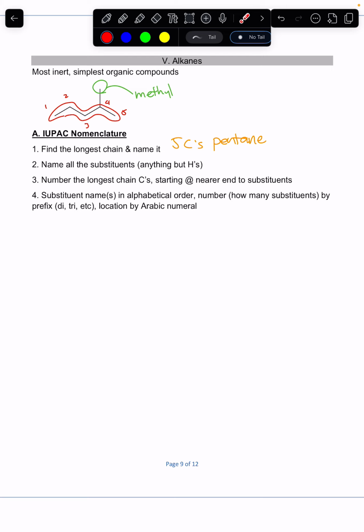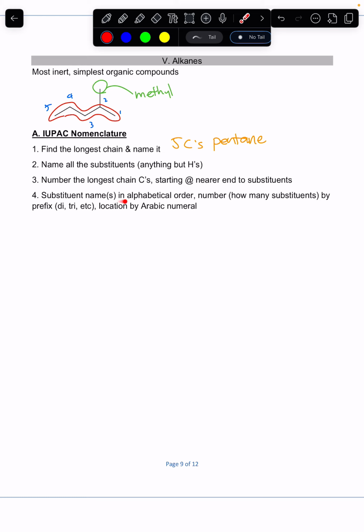That's not the lowest we could go. Rather, it would be better to number from the other side, 1, 2, 3, 4, 5. Then we could say that the methyl substituent is on the second carbon. So that's what that means.